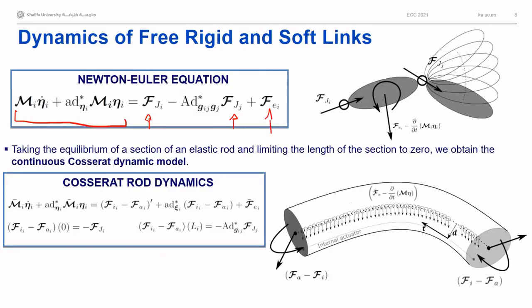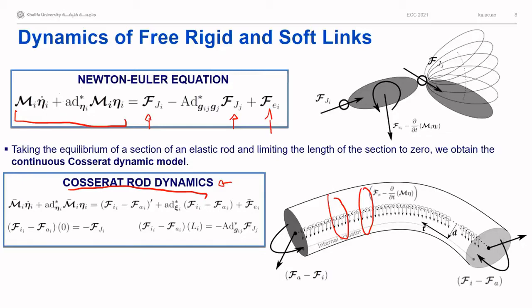For our soft link, we can use the Cosserat rod PDEs, which indeed use rigid and geometrically exact cross-sections, which means in this continuous PDE dynamics, the cross-section can have a finite deformation and finite rotation.